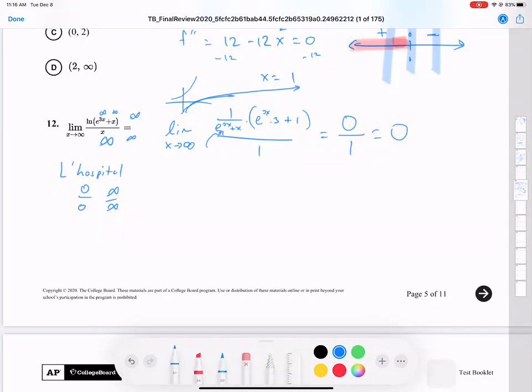Wait, where's it going? No, the answer is 3. Uh-oh. I made a mistake. I should not have said this. The answer they say is 3. Why is it 3? Let me see. I said 0, but e to the... Do the e's cancel out?